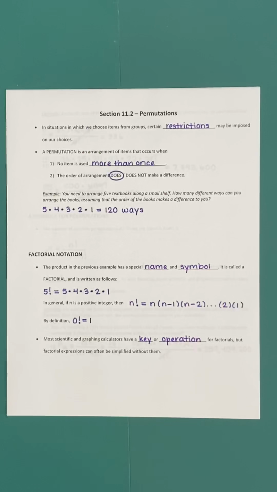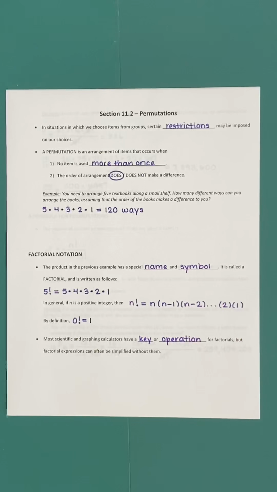Now, how could we apply the fundamental counting principle here? We'd have to think about this as a step-by-step process. How many steps are in this process? There are 5 steps in this process. We're arranging 5 textbooks, so each of the steps is choosing which textbook goes in which place. Step 1 is choosing the first textbook.